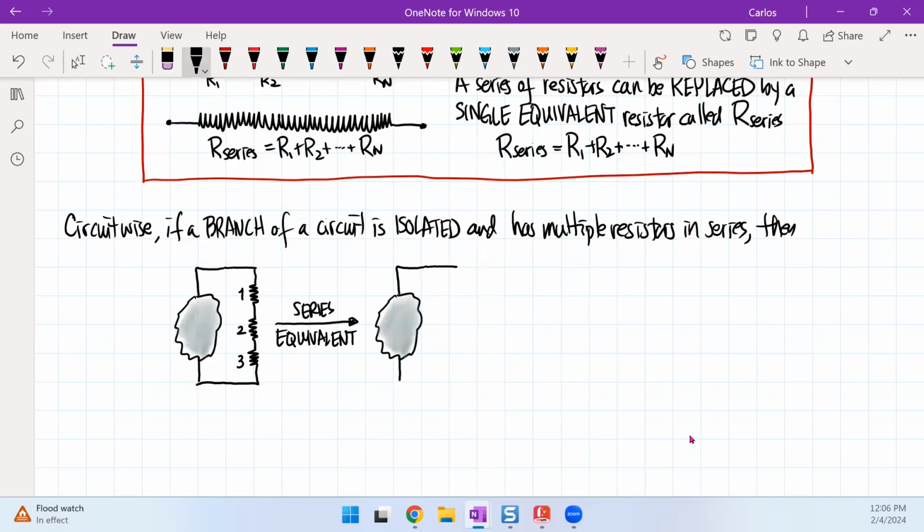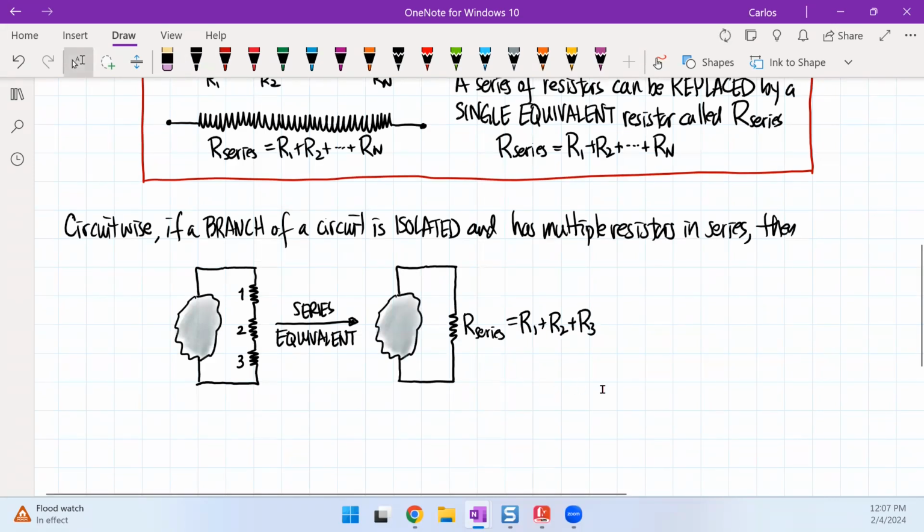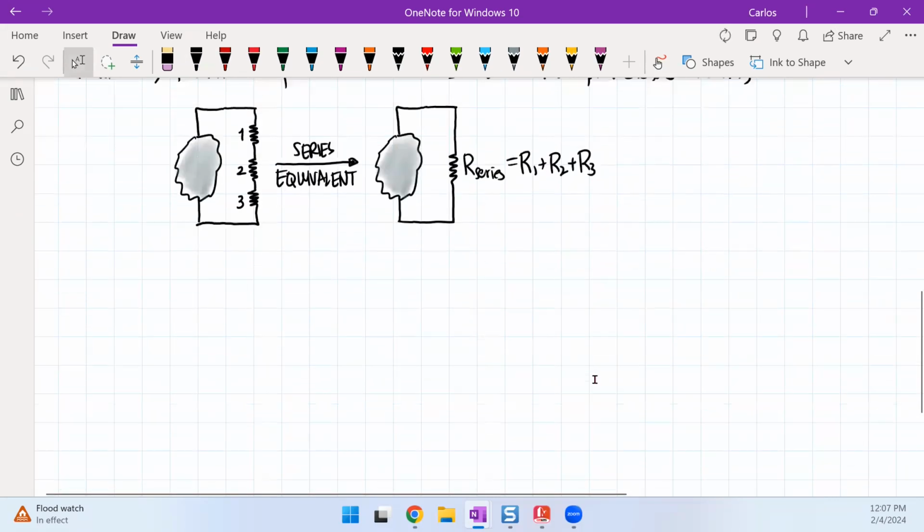And this one single resistor is then R series, which is then R1 plus R2 plus R3. That turns out to be a very powerful way of looking at the world. Now, let's go to the next one.